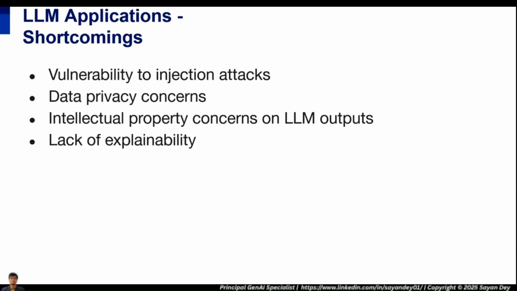Because many times the top providers, all the top tech companies that you have today, OpenAI, Microsoft, Google, Anthropic, which has the Claude Sonnet model, all these top LLM providers don't allow you to download their models. So you cannot download it locally and work with it. Local download is only possible for the open source models, but the closed source models you cannot download.